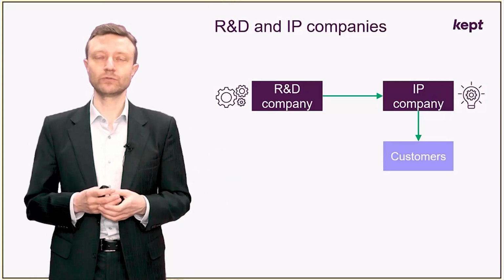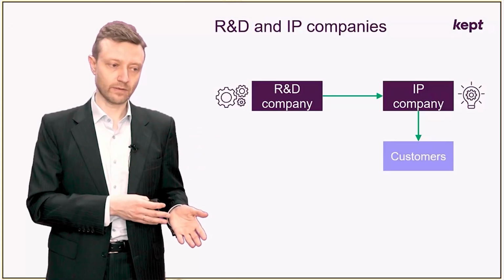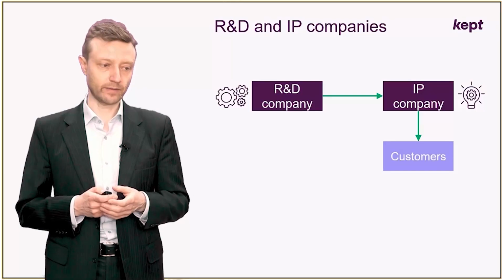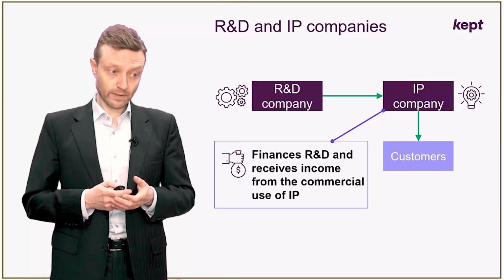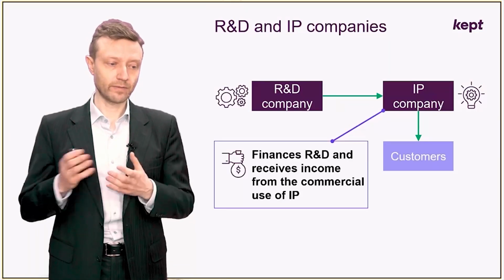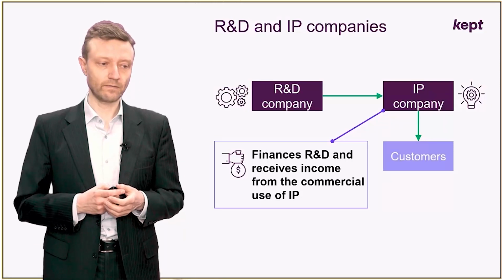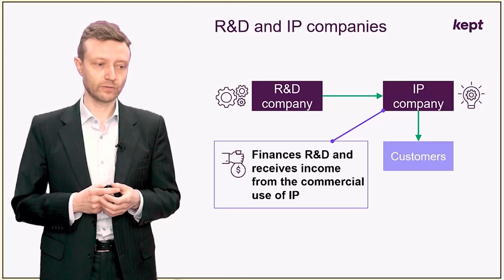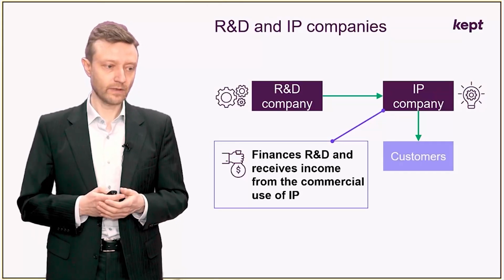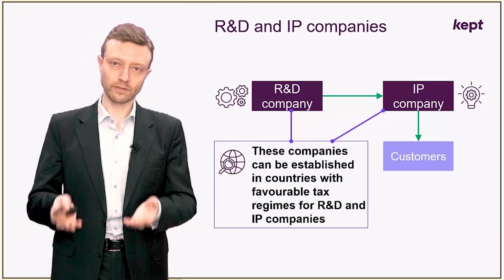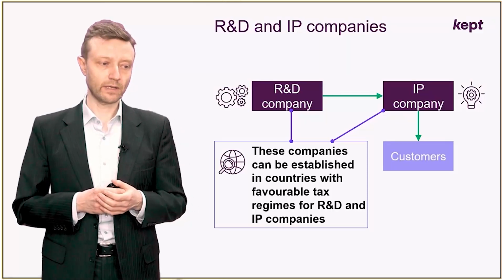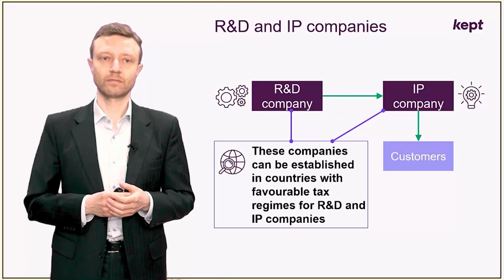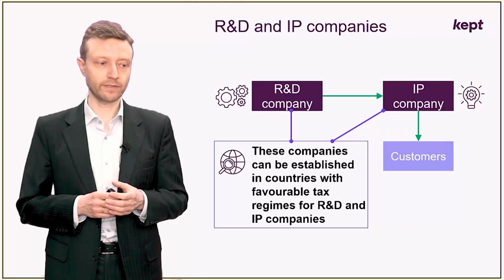So here we can see two functional companies, the R&D company and the IP company. The IP company's function is to finance the research and development and to own the end results. The R&D company usually employs people and performs the research and development activities.